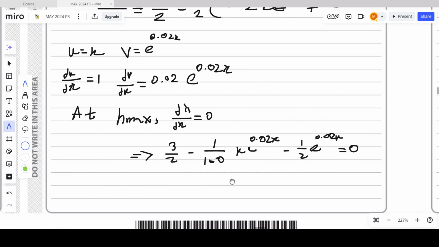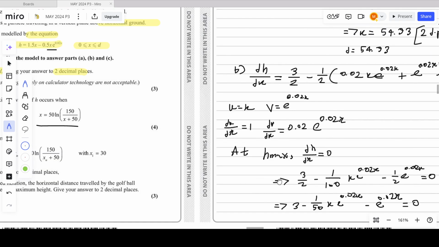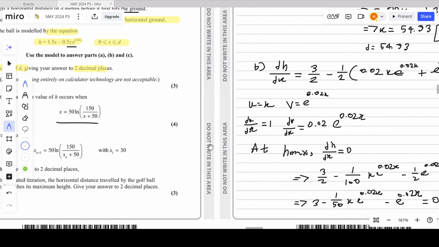Now what we can do, we need to multiply both sides by 2. So 3 minus 1 over 50 x e to the power 0.02x, minus e to the power 0.02x equals 0. Now we need to make x the subject.